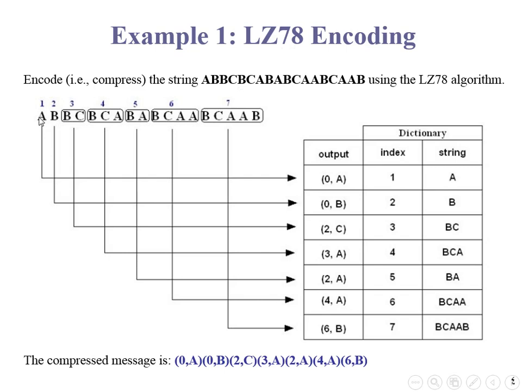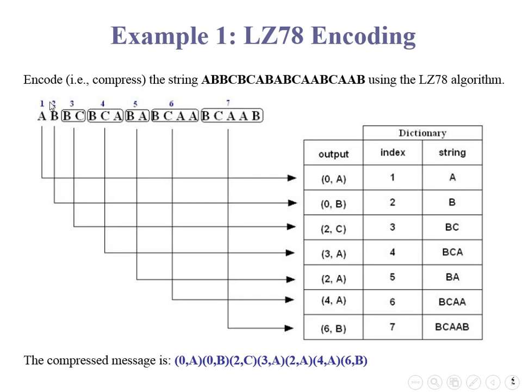Let's start with A. This is a new character. There is no A in the dictionary, therefore we encode it by 0. There is no prefix, and the new character is A. We give this output an index 1. This index 1 represents the string A.